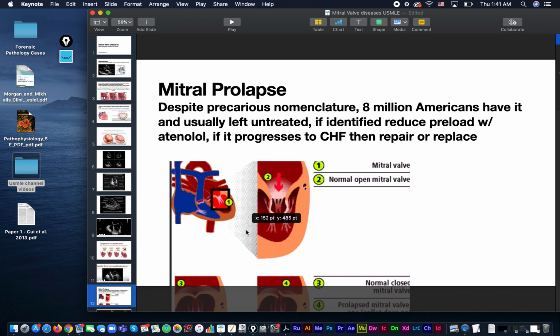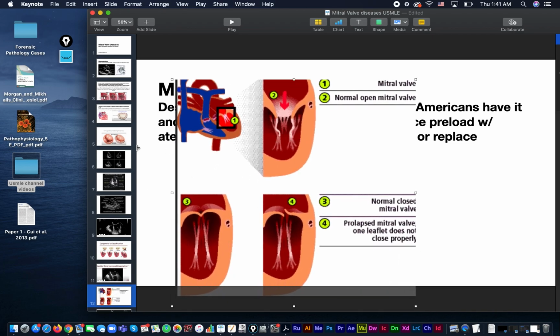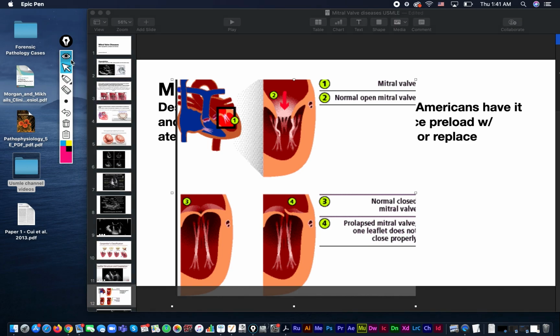You want to treat it with slowing the heart and increasing preload and increasing diastolic filling time, because it's usually mild. Like you see here, this is the leaflet that's a little prolapsed.